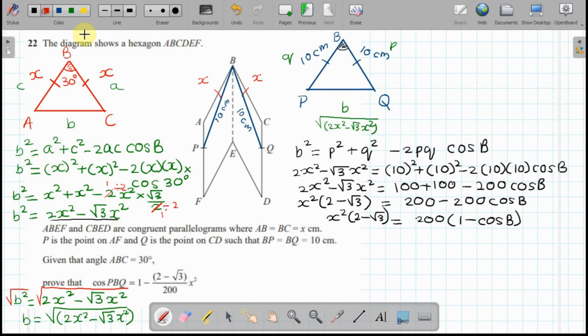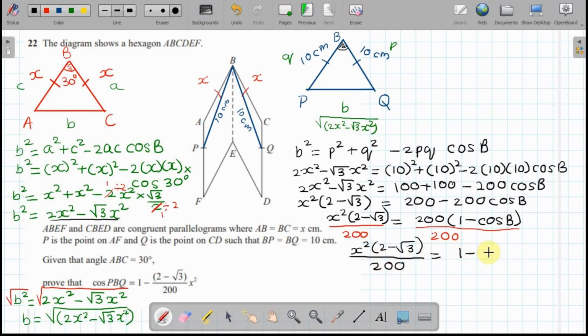At this point, I divide both sides by 200. It should then give me x squared times 2 minus root 3 over 200.